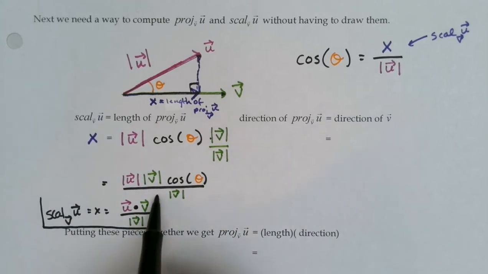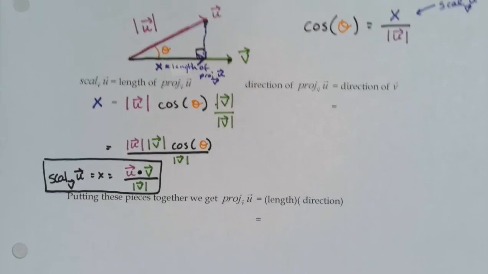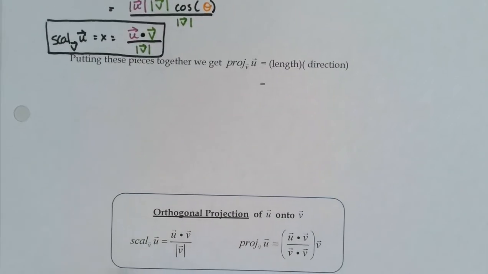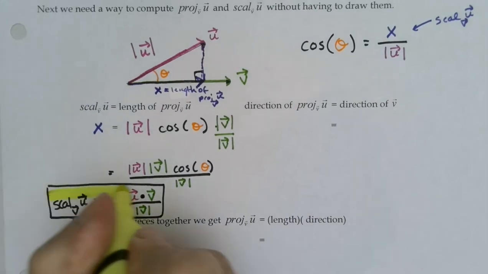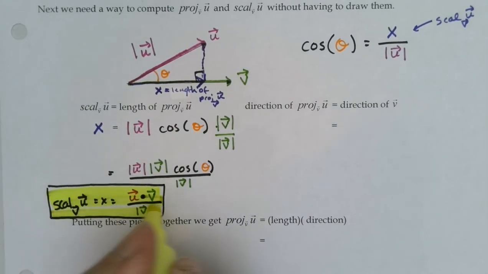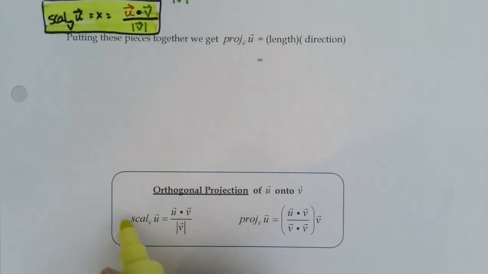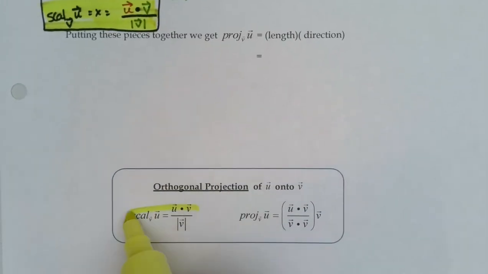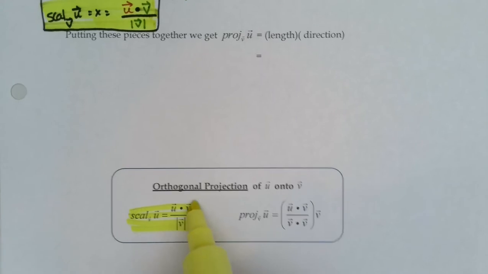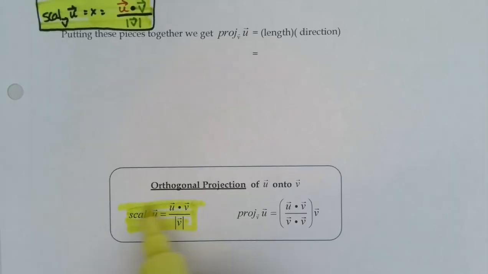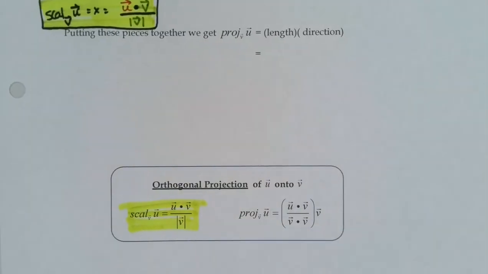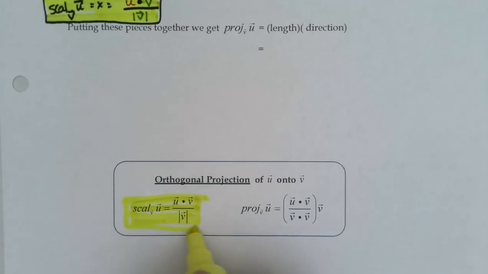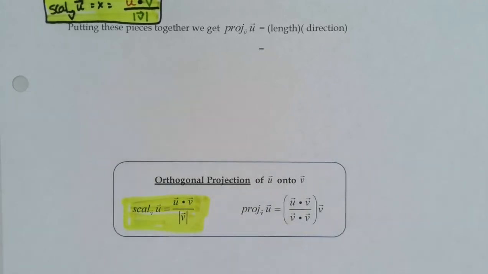Oh, but it's down here, huh? That's where it comes from. So we just proved that this little formula works. This formula right here for the scalar is in fact this formula here for the scalar. They are one and the same.